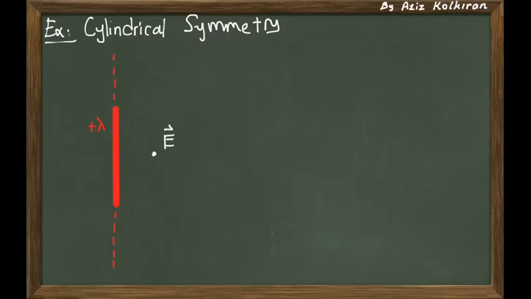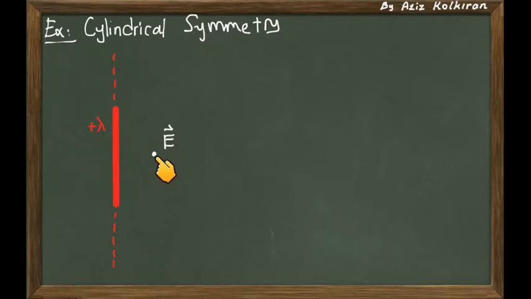So let's choose a point, and we want to find the strength of the electric field at that point, and we will now use Gauss's law to calculate the electric field, not Coulomb's law, because we have a kind of symmetry in the problem.